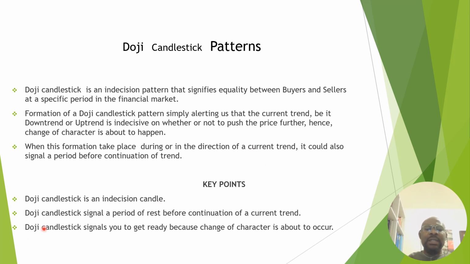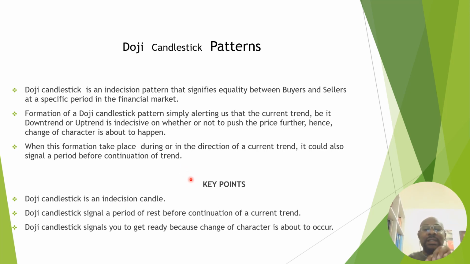The key point here is that a doji candle is an indecision candle. We should put it in mind. Anytime we see a doji candle, we know that it's an indecision candle, and it signifies equality.